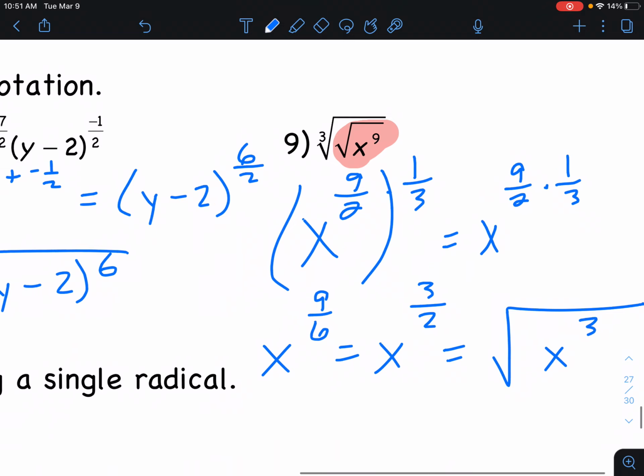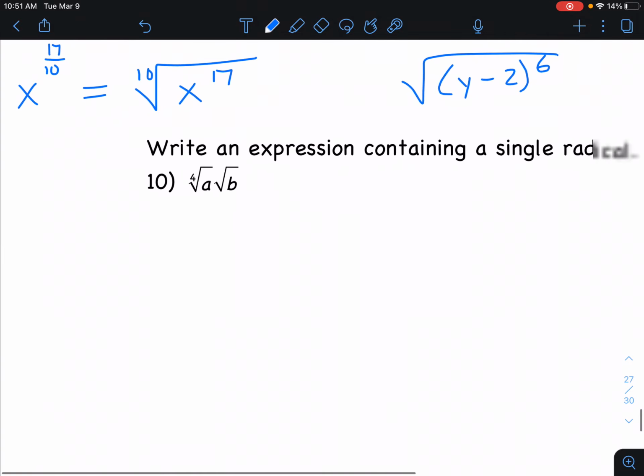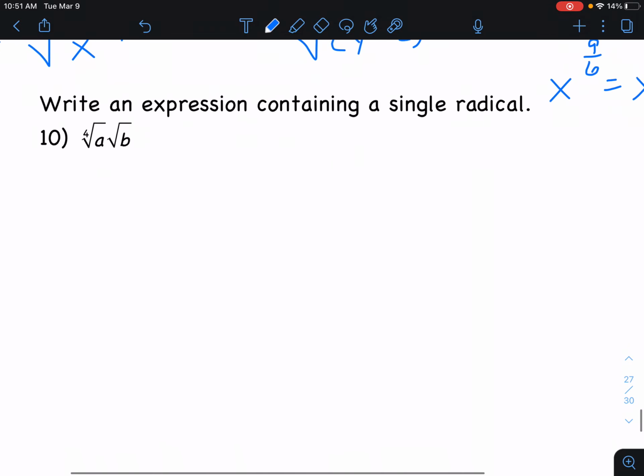square root of x cubed. And wrapping this up with one more problem, we're going to write an expression containing a single radical. We have one like this on the previous page, example 3a, I believe it was. So let's write them as, again, we can't multiply them.